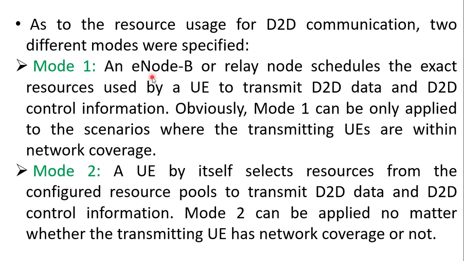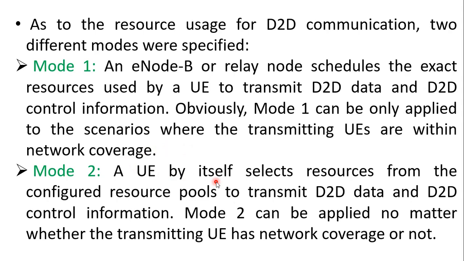So in mode 1, the eNodeB schedules the exact resources used by the user equipment to transmit the D2D data and D2D control information, and it can only be applied within network coverage.